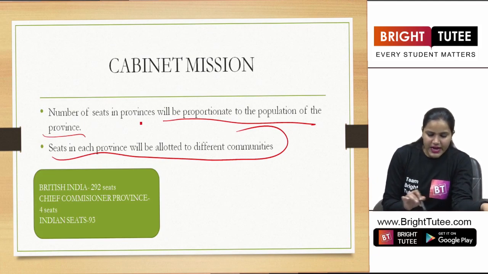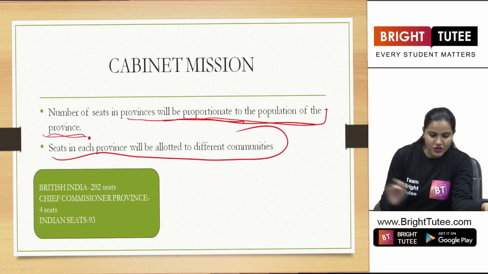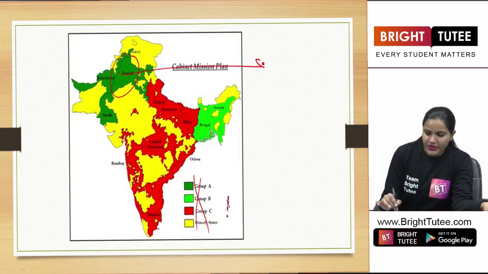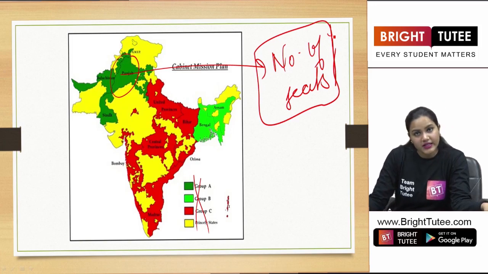So, here we see that the number of seats in provinces will be proportionate to the population of the province. So, let's say in Punjab province, the number of seats in this province. Now, there is a table given in your book, students. You can look at the table in order to understand this proportional representation system.